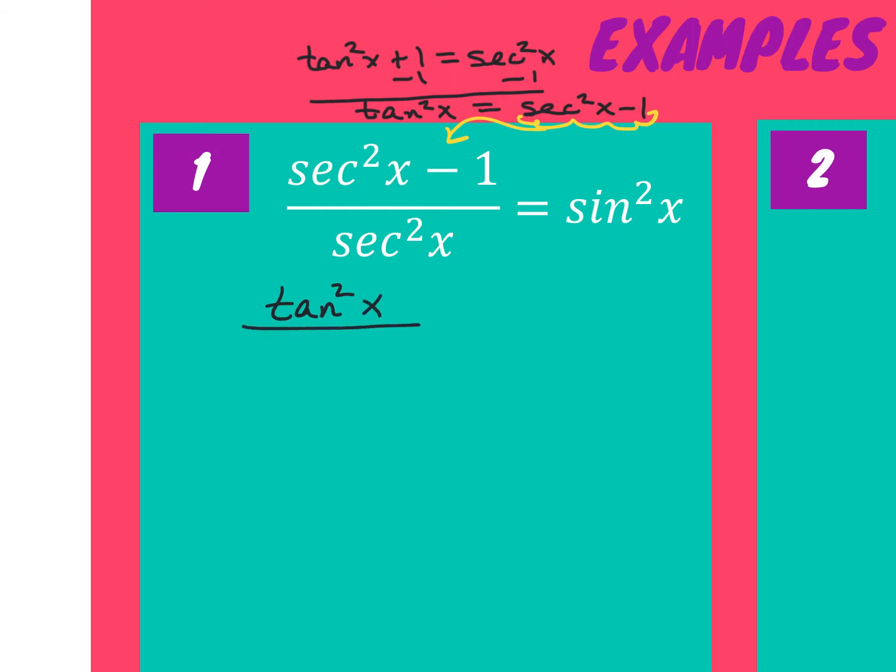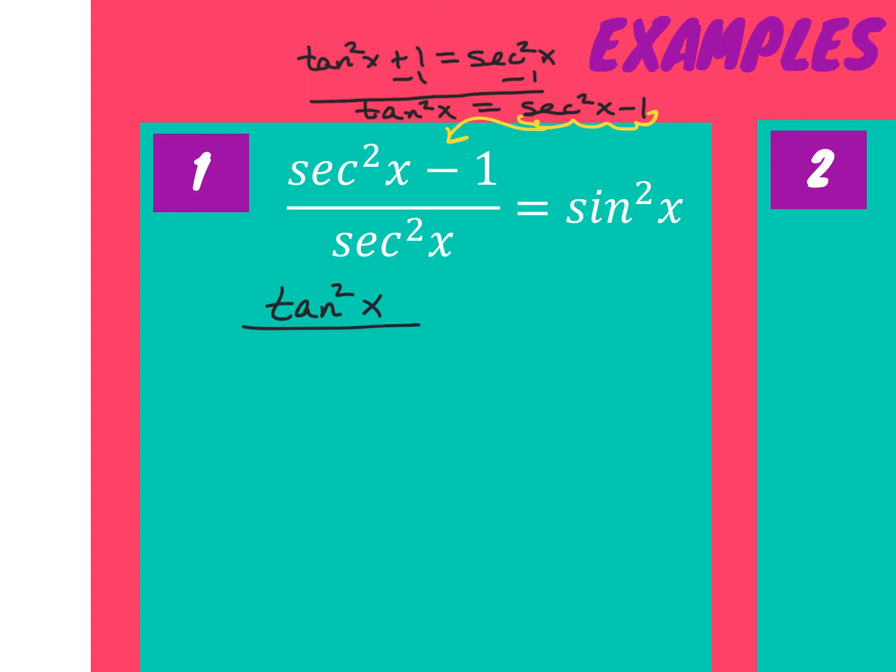For my denominator, you could probably try, and again, this is trial and error. So at first glance, you may think, I may want to try to use the same identity and replace the denominator with tangent squared x plus 1. But if you take a look to the right side, I'm trying to get it to sine squared x.